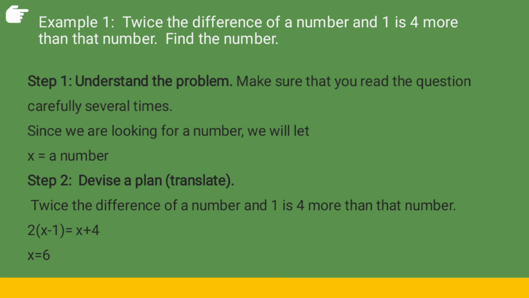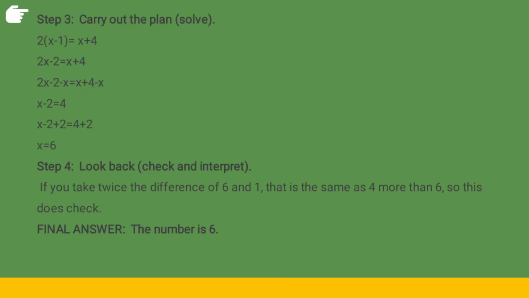But let us see if that will jive with our problem by carrying out our plan. So we have 2 times the quantity x minus 1 is equal to x plus 4. So we distribute 2 to x minus 1. 2 times x is 2x. 2 times negative 1 is negative 2. Equals x plus 4.